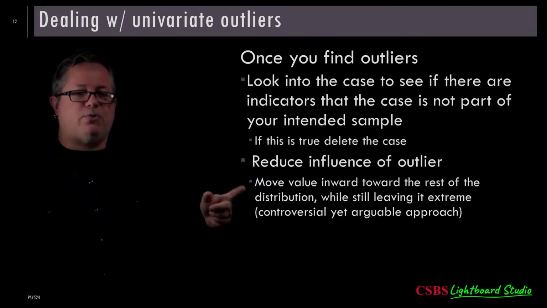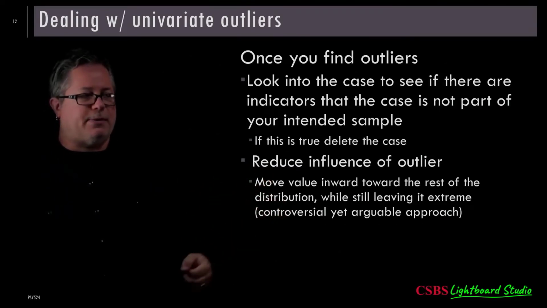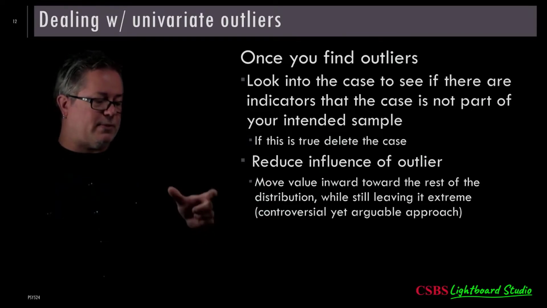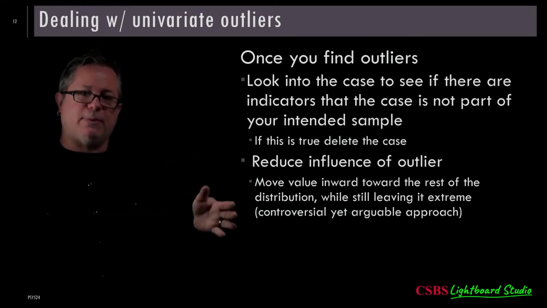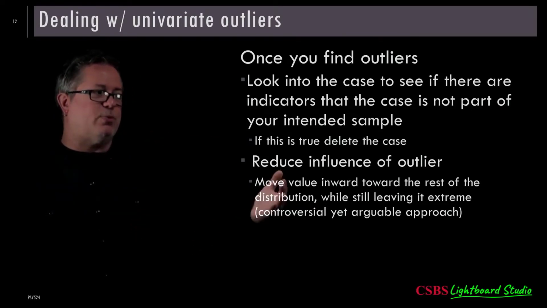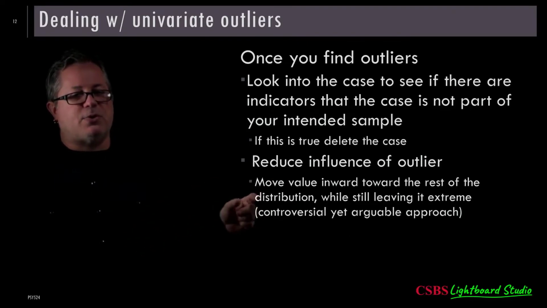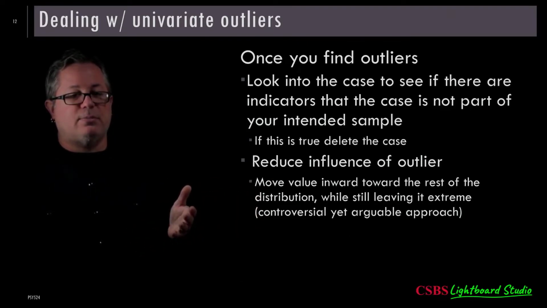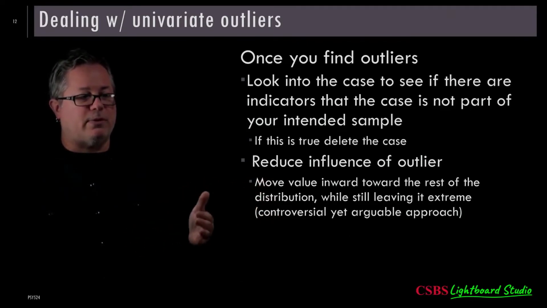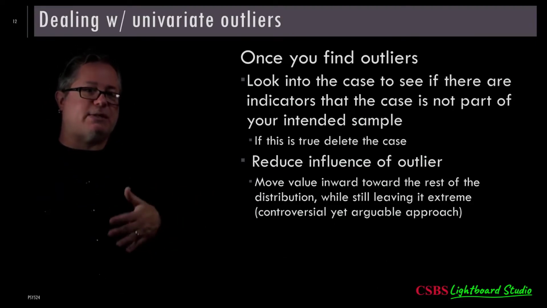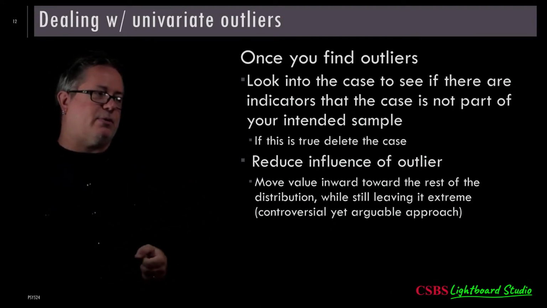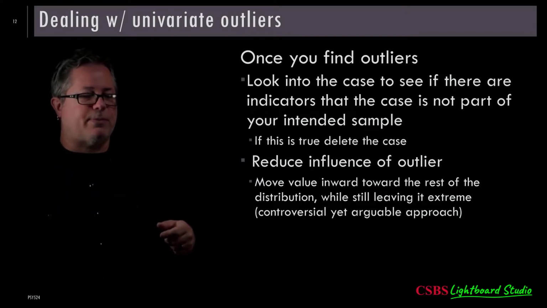What makes an outlier disconnected is the space between them and the other scores. So why not just move their score in? Change it so it's still the extreme score, but not as extreme anymore. You move them in next to the next highest person and reduce their influence somewhat.